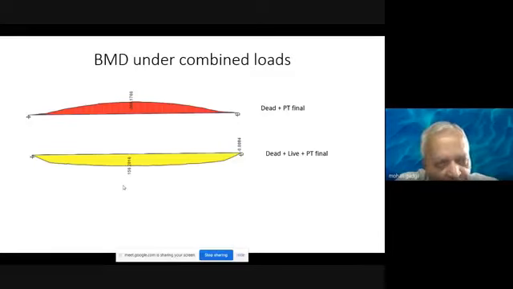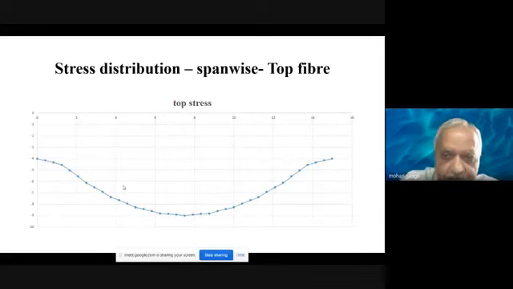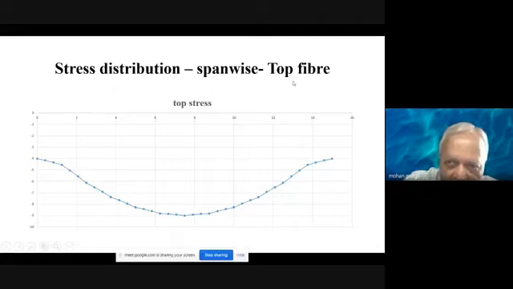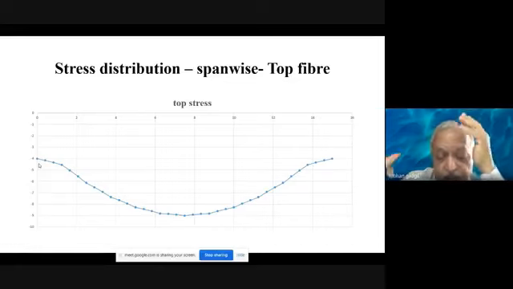Once you know the bending moment, then you can always calculate the stress at the top and stress at the bottom, and thereby you will be able to get this kind of stress variation. So I have got this stress distribution span-wise for the top fiber. If you see for the top fiber, there is this minus sign, -9. That is the compression in the top fiber at the midspan, while at the support there is -4, because there is a uniform applied force that you have considered for these cables.